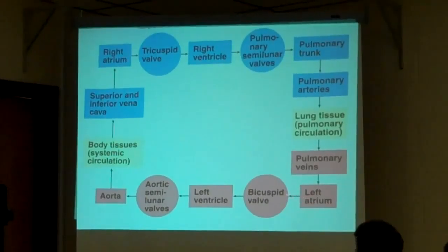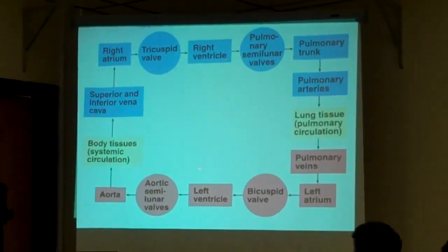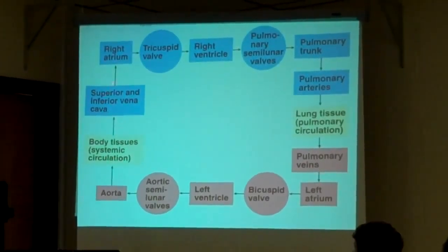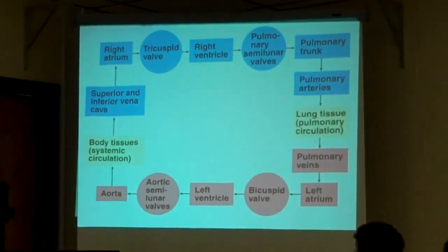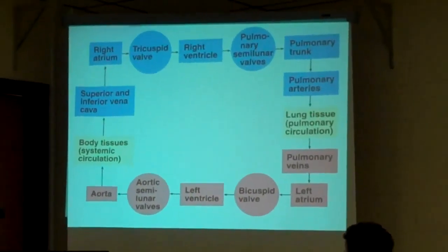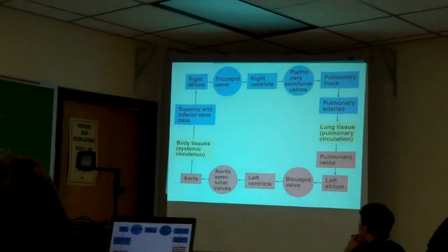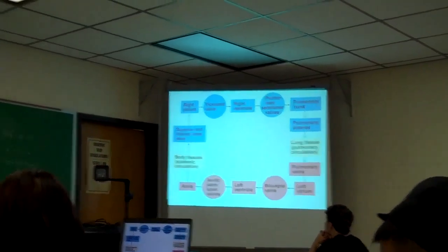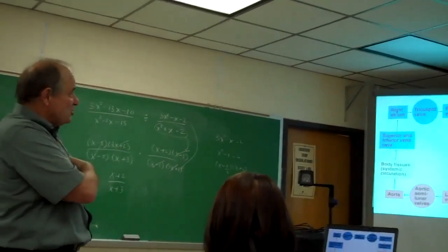Mitral, remember the term mitral? Good, mitral. Left ventricle, aortic semilunar valve, aorta, now systemic circulation, now back where we started. So really it's a little bit better to start this with the superior and inferior vena cava, bringing blood back to the heart. A little bit easier, I think, for you, a little more user-friendly to do it that way.